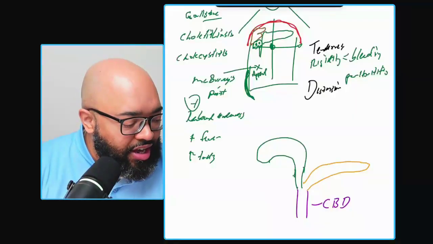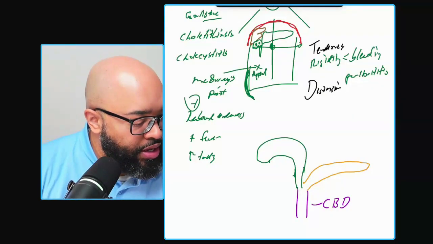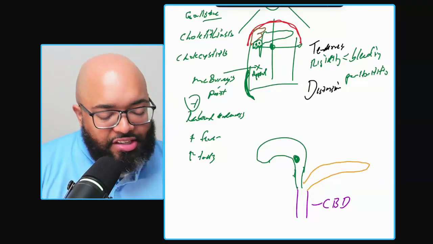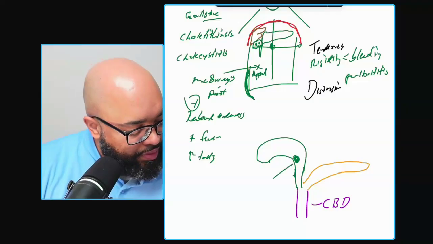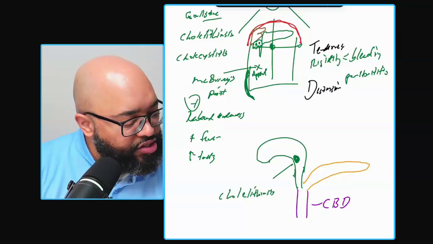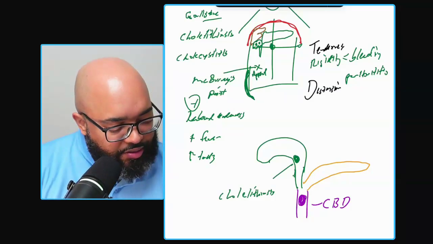If I have inflammation of the pancreas, what's that called? Pancreatitis. But let's say I have a stone that starts off in the gallbladder. When it's there, it's called cholelithiasis. But what if this stone now gets wedged in the common bile duct?